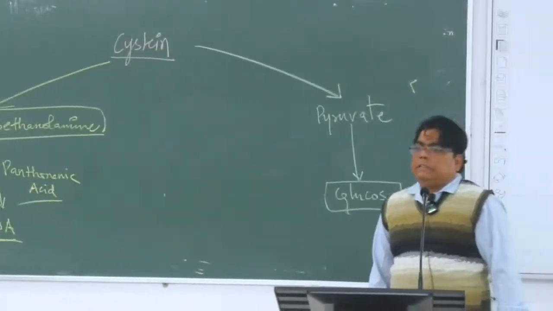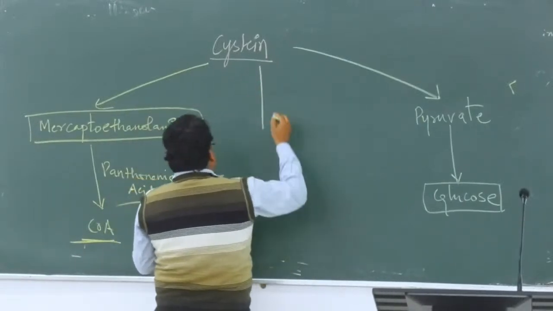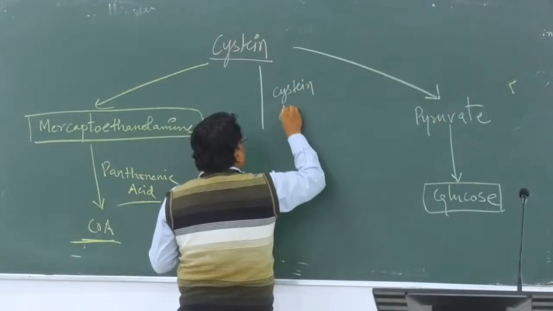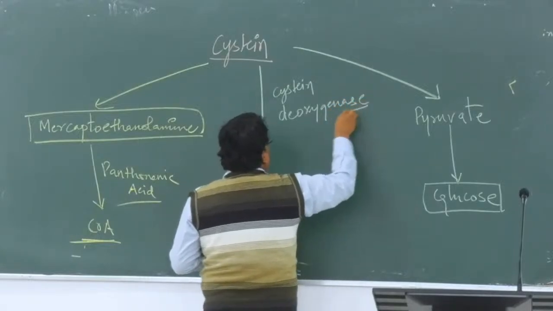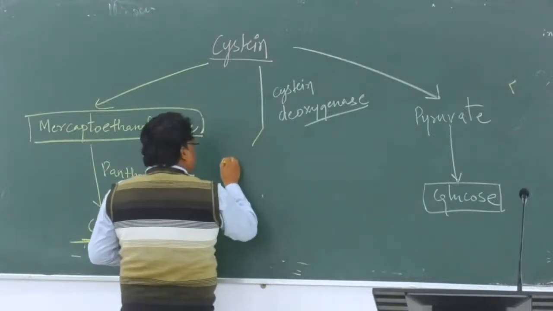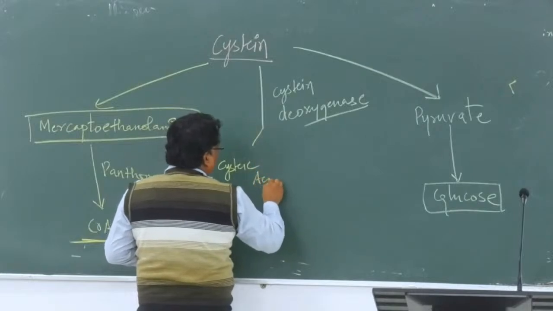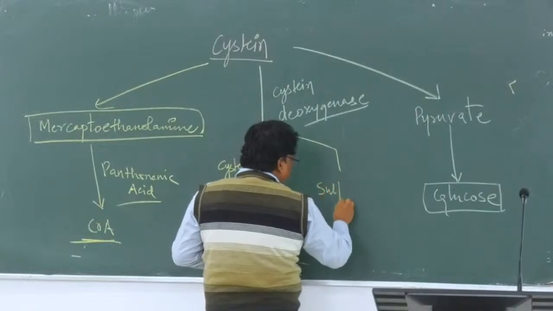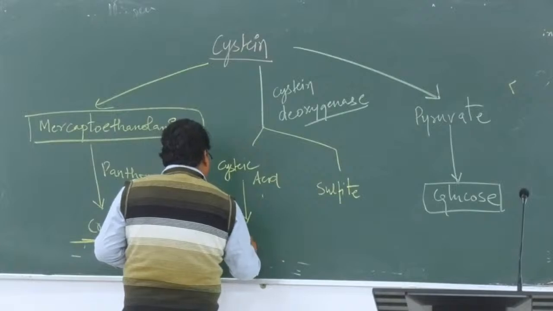Okay, and this one, with the help of the enzyme cysteine dioxygenase, forms cysteine sulfinic acid and sulfite, and this sulfinic acid is converted into taurine.